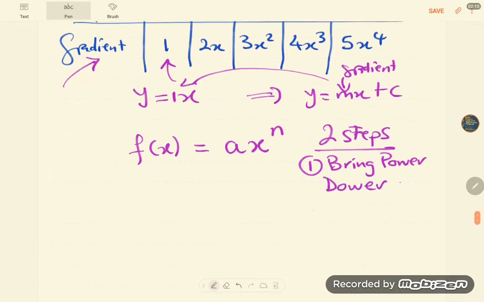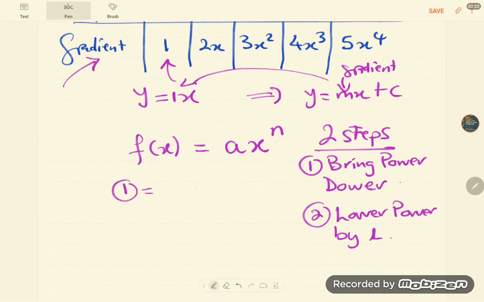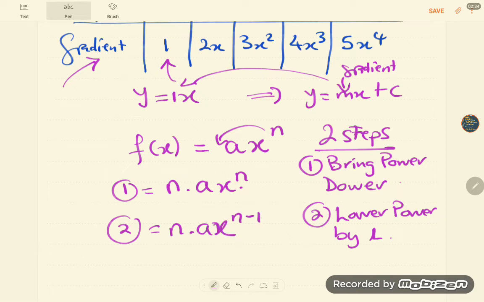The second step is lower the power by 1. So the first step gives you n times a x to the power n, and then the second step is that you lower the power by 1.